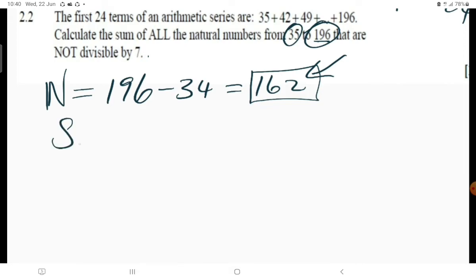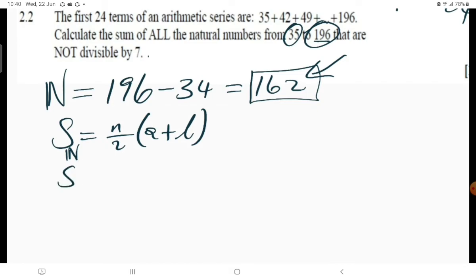The sum of natural numbers is equal to n over 2 times (a plus l). So the first term is 35, and the last term is 196. We can substitute now to find the sum of natural numbers.